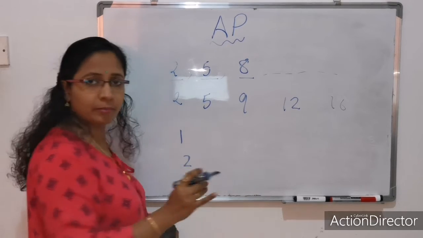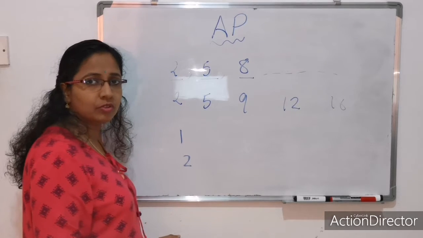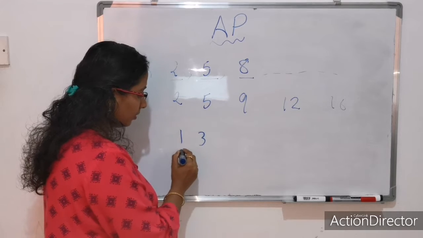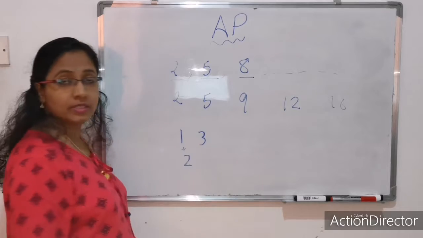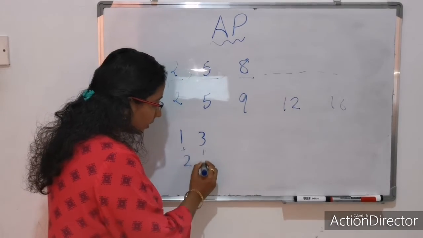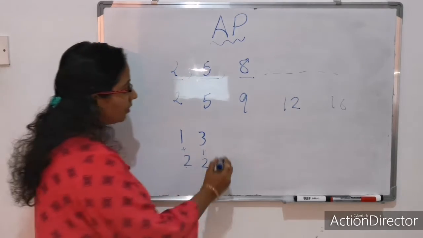I have just taken any number. 1 plus 2 is 3. So that is the next number of the AP. Then we add this same number again, that is 2.